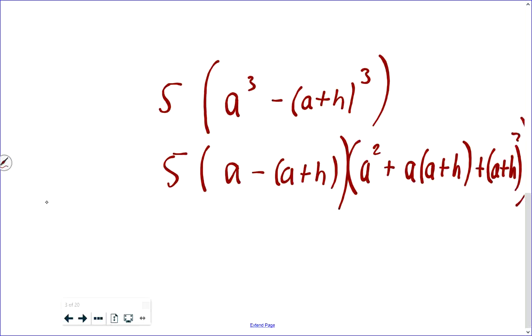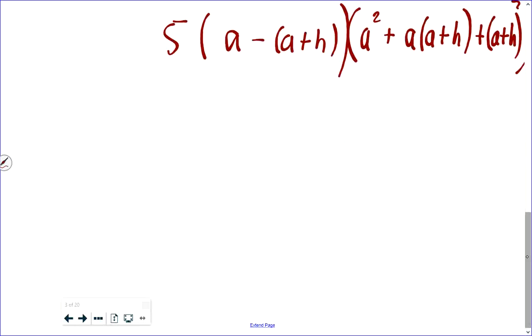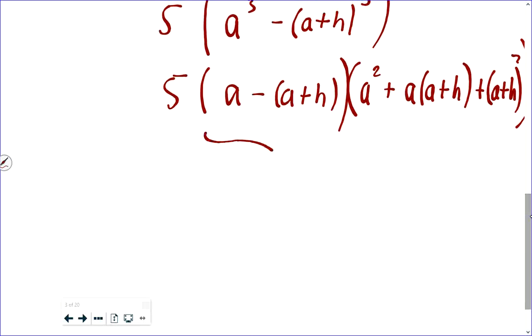Just squeaked in. Does that difference of cubes ring a bell? Yeah. Okay. And the important part here, Enrico and everybody, is that this is negative h. It's a minus a, which is nothing, and then you have minus h, which is negative h.